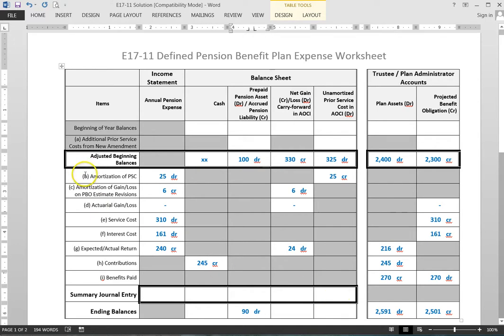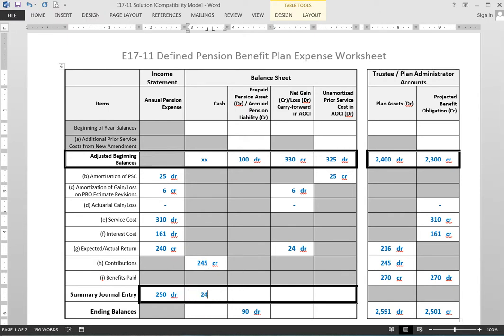So we take items B through I. Those are your journal entry elements, not these items up here. These are beginning balances. Items B through I make up the elements of a summary journal entry. So pension expense, I just add up all the debits and credits here, and I end up with a $250 debit entry to pension expense.